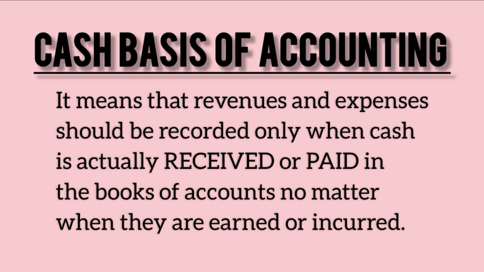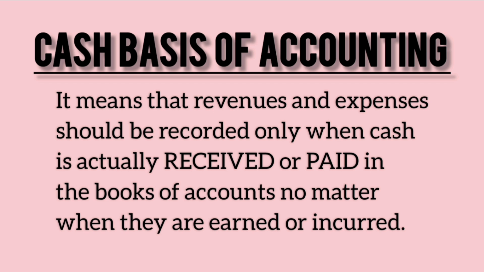So the cash basis of accounting states that only when the expenses are actually paid, only in that case are we going to record it in our books of accounts, no matter when it is incurred. Similarly, for incomes, when it is actually received, only at that time are we going to record it in our books, no matter when it is earned.